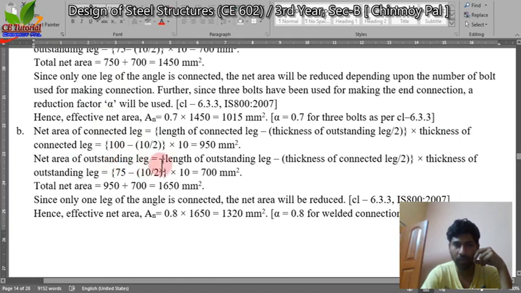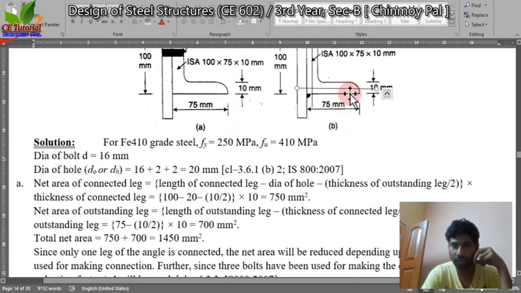And again for the outstanding leg, 75 minus 10 by 2, into 10.